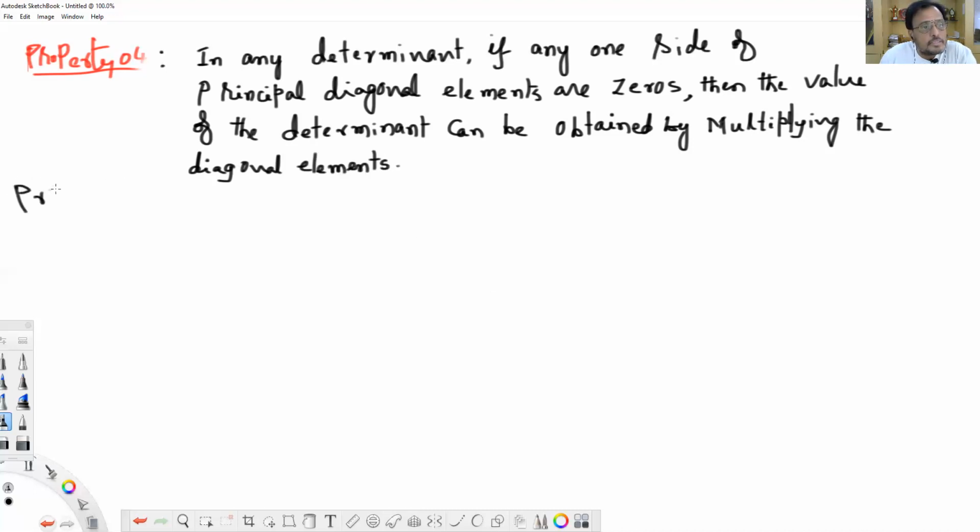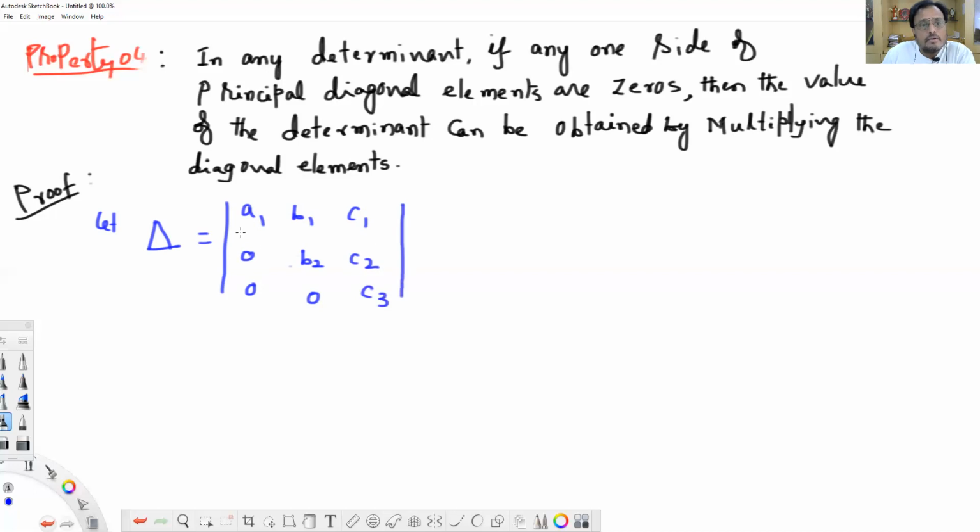So, my dear students, the proof is like this. Here, I'm going to take one determinant. Delta is equal to A1, B1, C1, 0, B2, C2, 0, 0, C3.